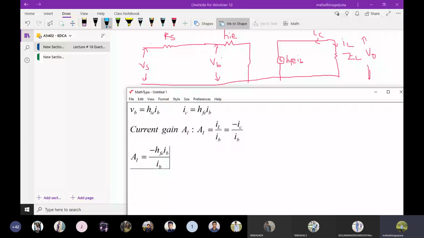So IB cancels, and you get AI equal to minus HFE. This is the current gain of the simplified CE amplifier.